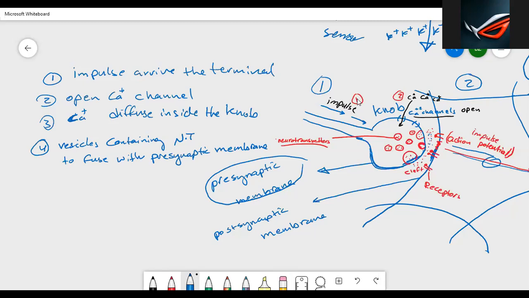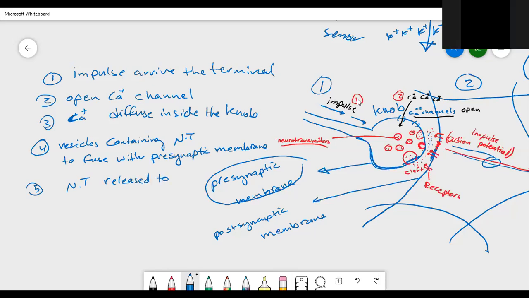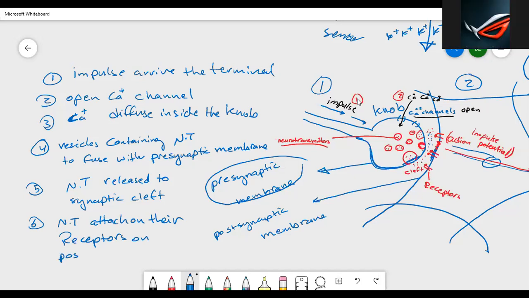Number five, neurotransmitters are released to where? Synaptic cleft, synaptic space. Number six, neurotransmitters attach to their receptors, on the postsynaptic membrane.